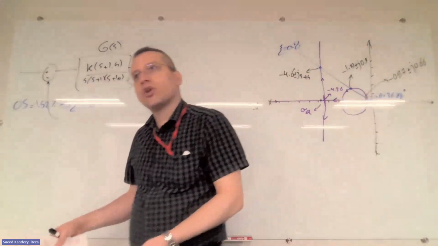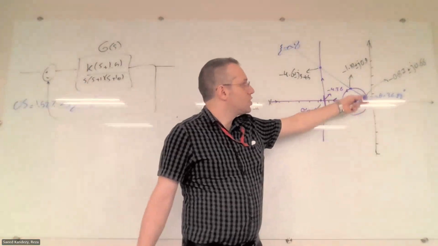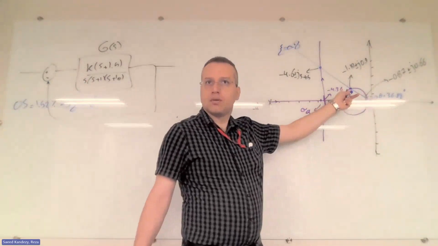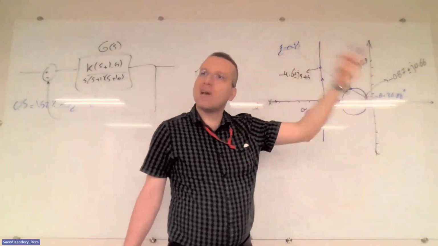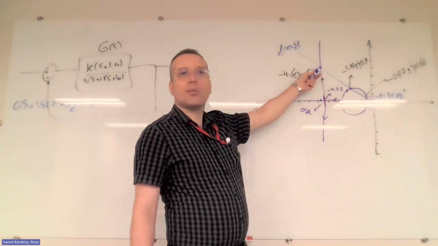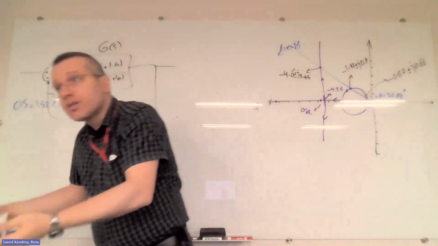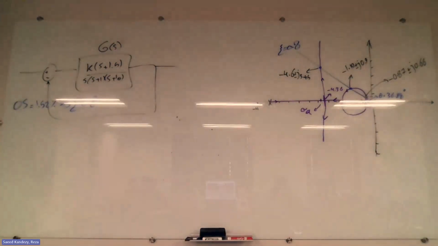If k is equal to another, bigger value, because the trajectory is moving, we are going to end up at this point. And for another value of k, we would end up at this one. So each situation is a different system. It is a different transfer function for a different value of k.